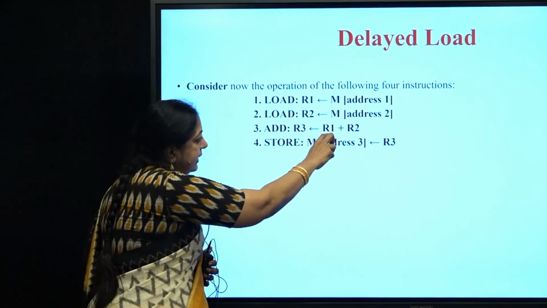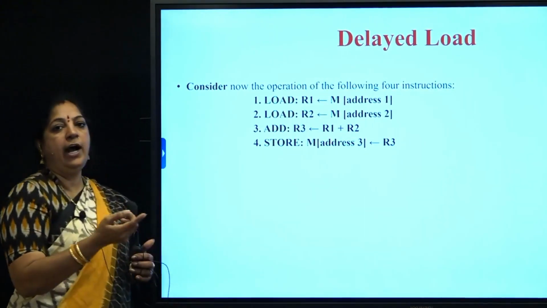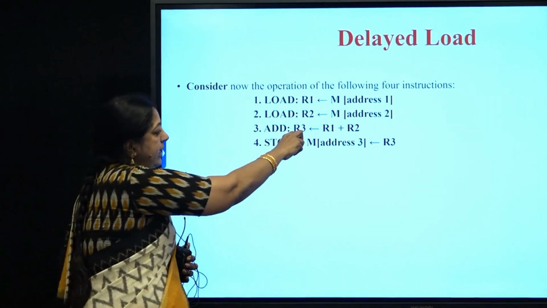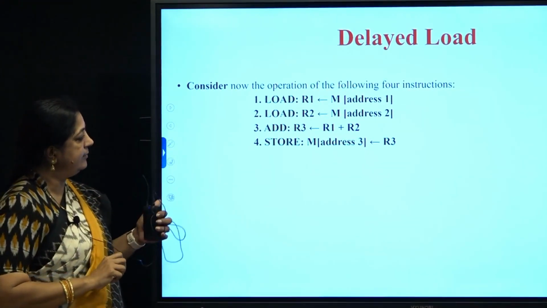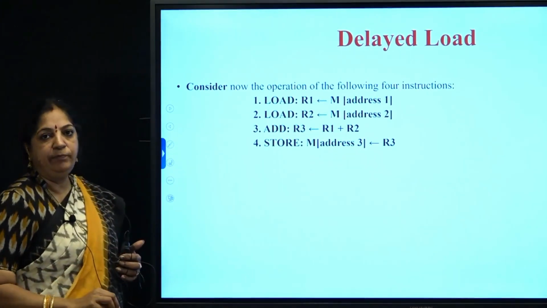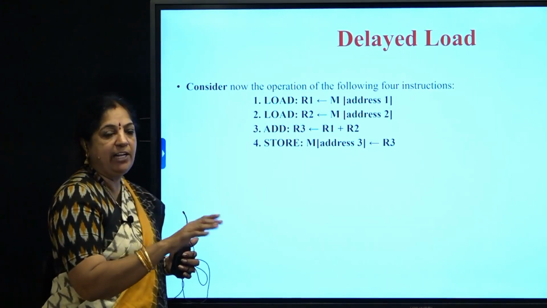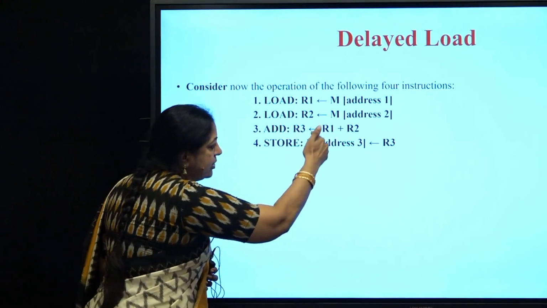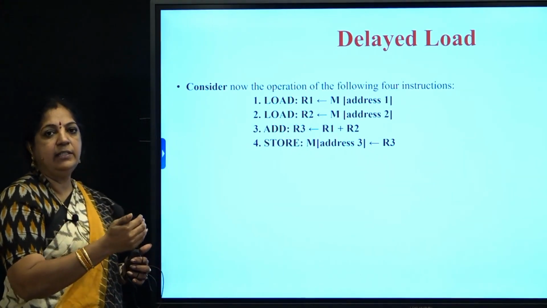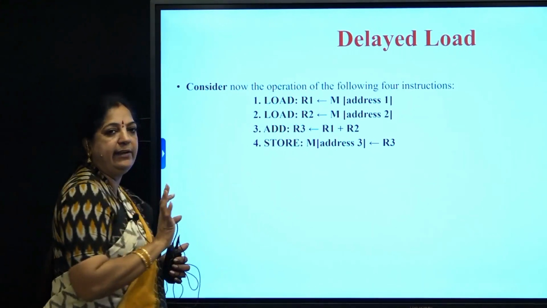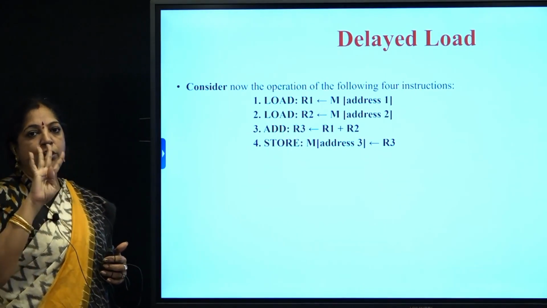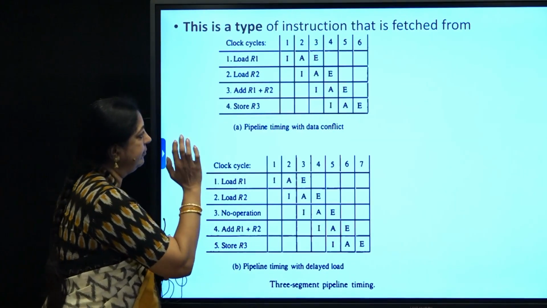You are adding the contents of R1 and R2 and storing the output in R3, that is instruction 3. Now, in R3 you are having some value, the content of R3 you are storing in some address in the memory which is given as address 3. This is instruction 4. So, 4 different instructions you are having.